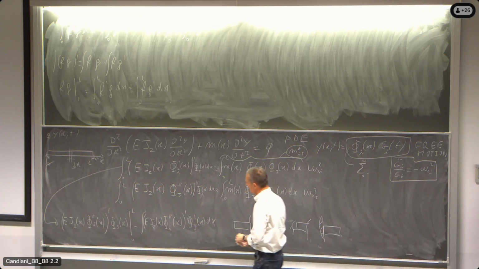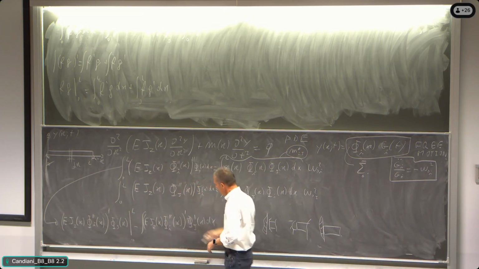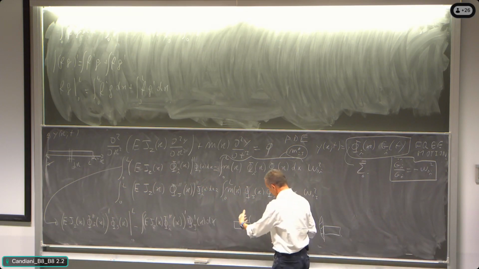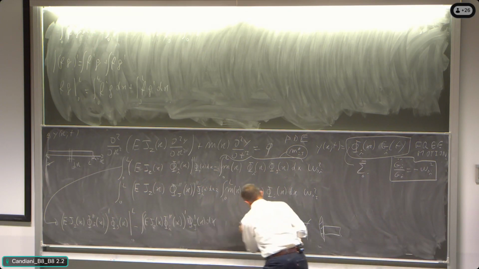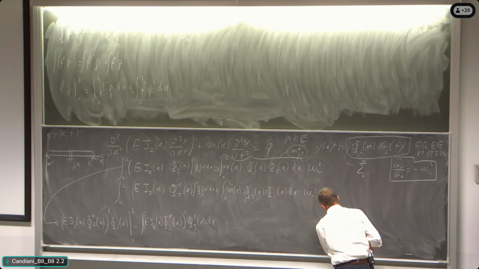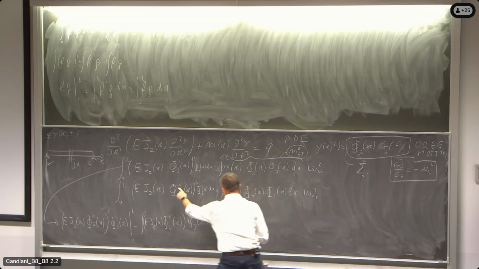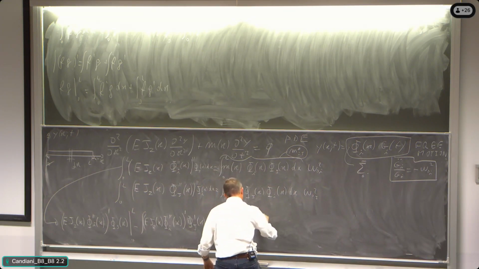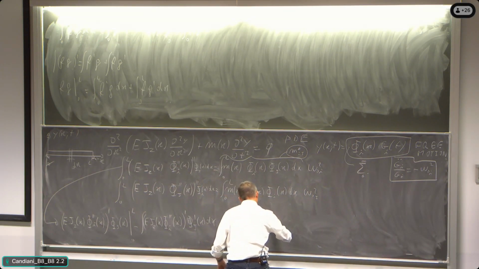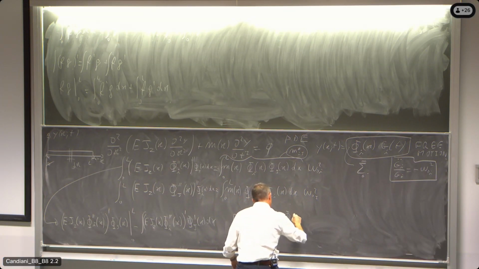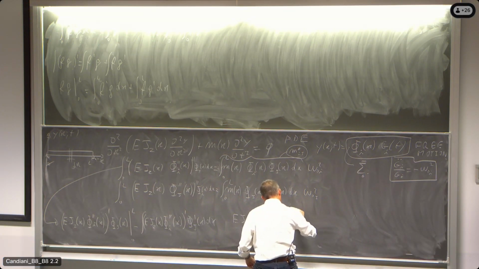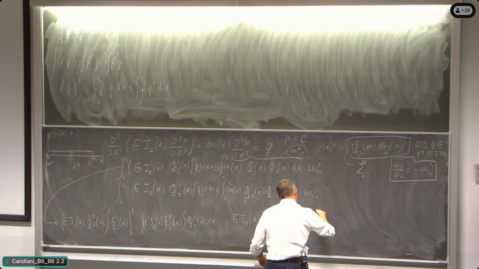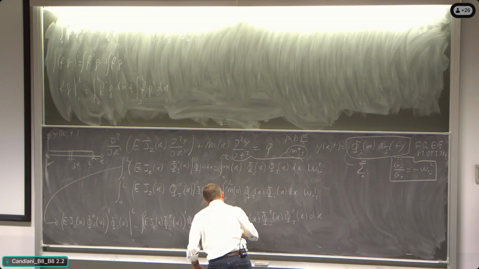Having done the second step, what you get as a result, and then we finish here, is the integral from 0 to L of E J z(x) phi_i''(x) phi_j''(x) dx.